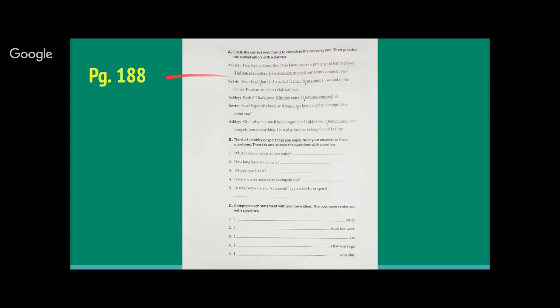All right, so we're only going to do this activity A here. It's very simple. All you have to do is read the conversation and pick the correct form, either the simple past or the present perfect. So I'll give you about 4 minutes to read this conversation.